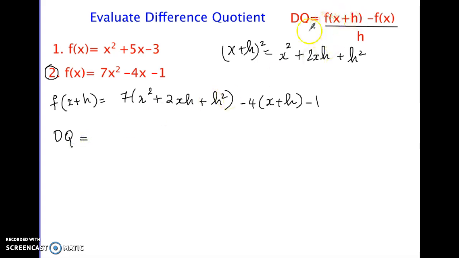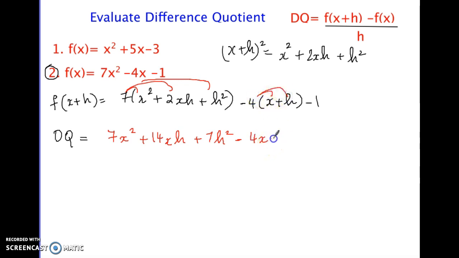So in the numerator, I have to find f of x plus h, which is, now I'm going to write this out by distributing the 7 into each of these terms here. So 7x squared plus 14xh plus 7h squared minus 4x minus 4h minus 1.